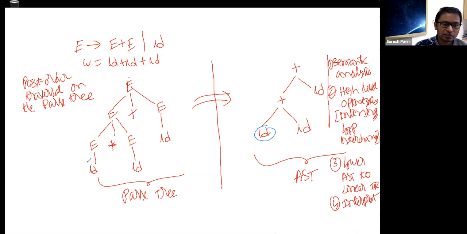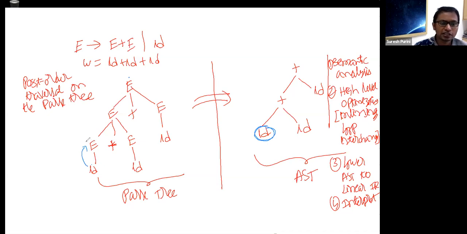So in that process, when the post-order traversal algorithm hits the node ID, it creates an AST node associated with this terminal symbol ID. And then the post-order traversal algorithm returns the pointer to this ID up.